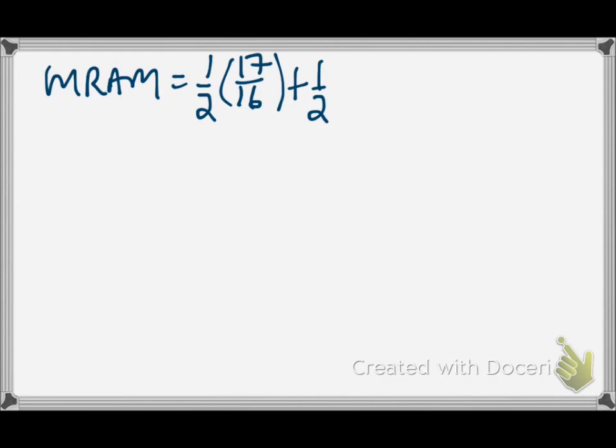Then we have 1/2, and our next spot would have been at 3/4, which turns out to be 25/16. Next rectangle has a base of 1/2, and when you plug in the 5/4, you get 41/16.